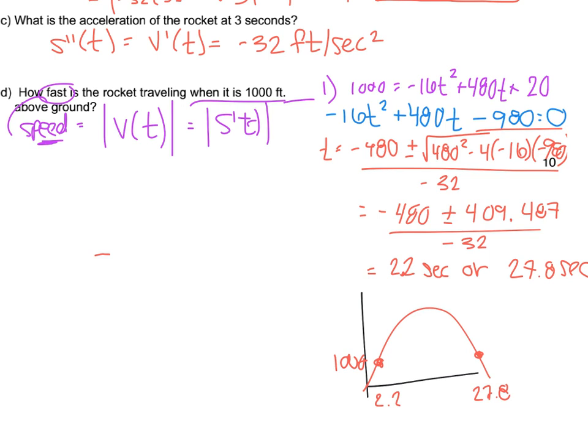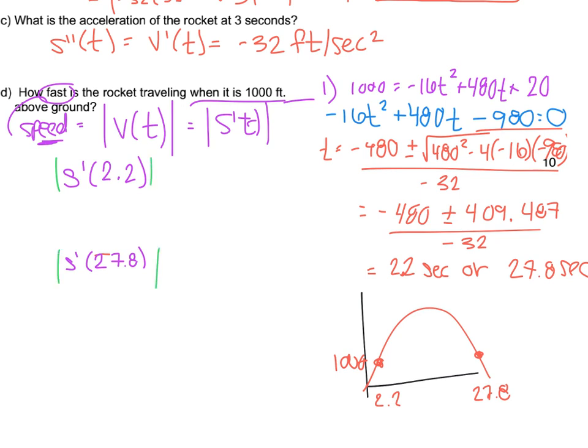So the derivative we know is negative 32t plus 480, so s prime of t. We have two things we're finding out now: s prime of 2.2 seconds, and then we're also going to find s prime of 27.8. So that gives us the velocity, and then remember the speed is just the absolute value of that. So I'm going to put my absolute value bars to remind me that that's what I need to do.